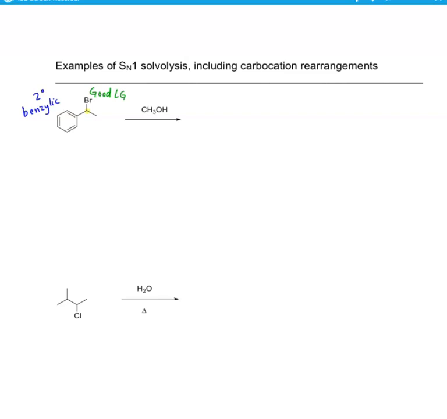So we have a good leaving group. And then over the arrow, we've got methanol. Now, what are all the things you know about methanol? You know it's a weak acid. You know it's a weak base. You know it's a weak nucleophile. And you also know that it's a polar protic solvent.